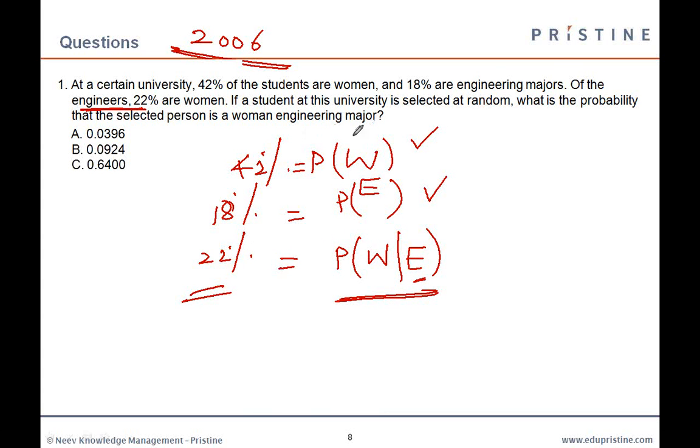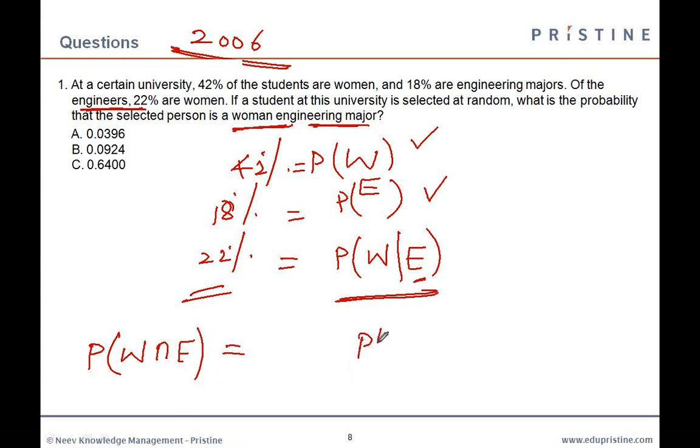Now what is the question? If you select a student at random, what is the probability that the selected person is a woman and an engineering major? So what are you trying to answer? You're trying to answer a question of joint probability. That is, the probability that the person selected is a woman and she is an engineering major.